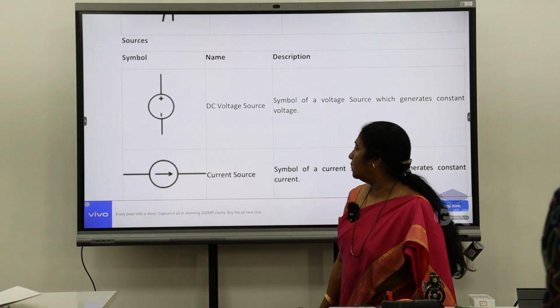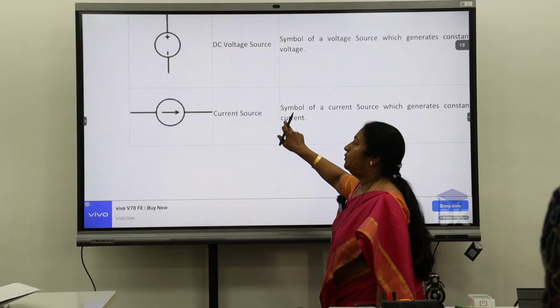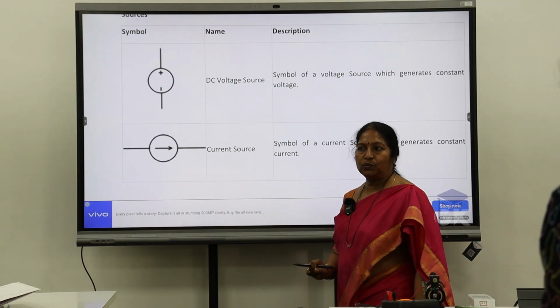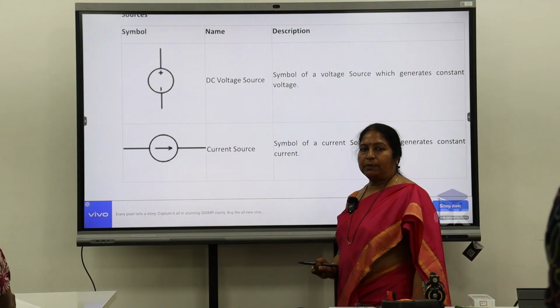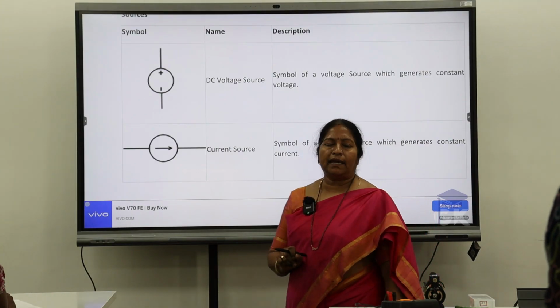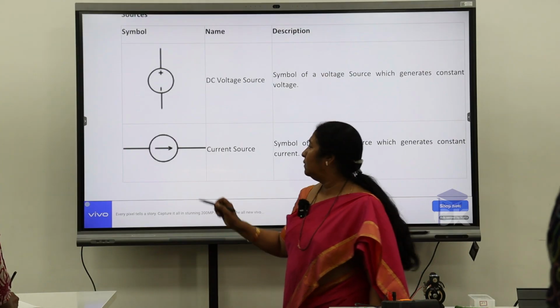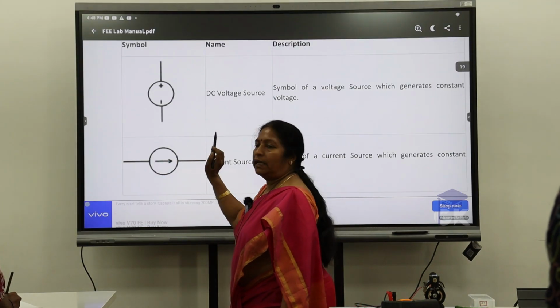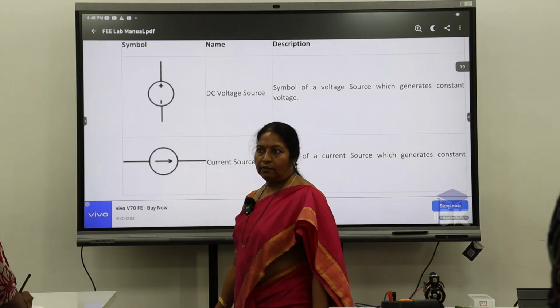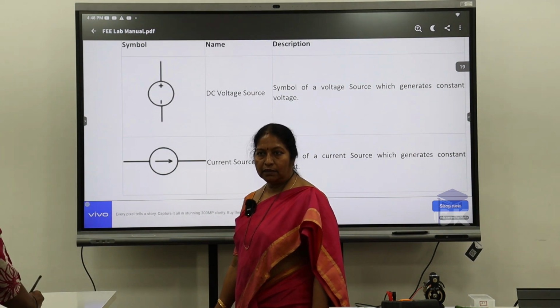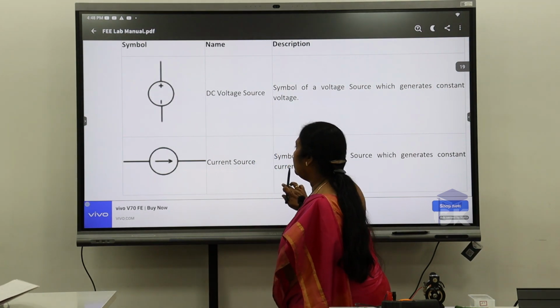And a current source, how do you represent it? This is the symbol for a current source. If it is a DC current, again we show it with a polarity, positive to negative. This is how we show it.